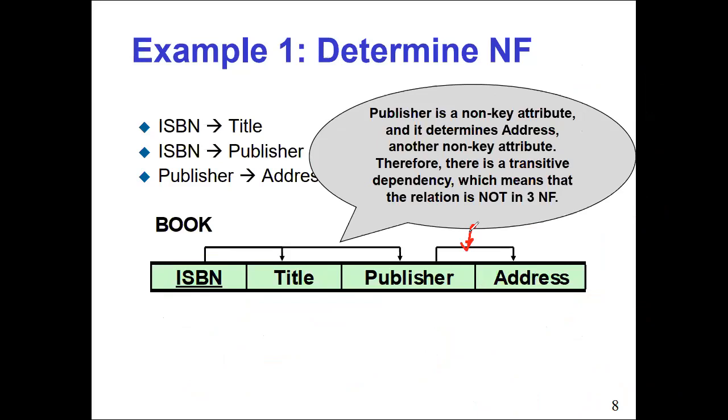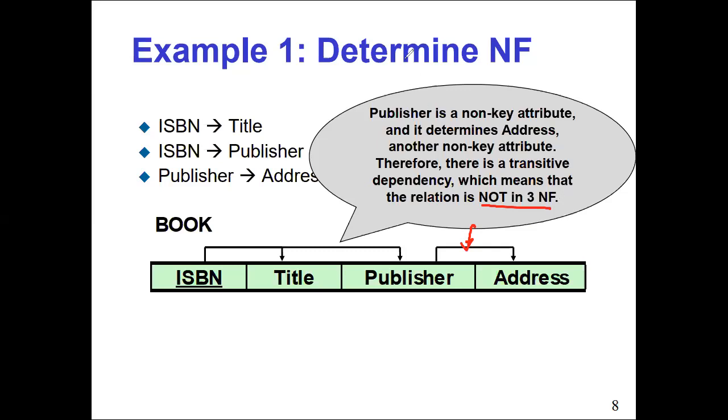So if you find a transitive dependency, now you can say it is not in third normal form. In the third normal form, you will not find any transitive dependency, but you can find transitive dependencies here. So simply you can say this is not third normal form, but it is second normal form.